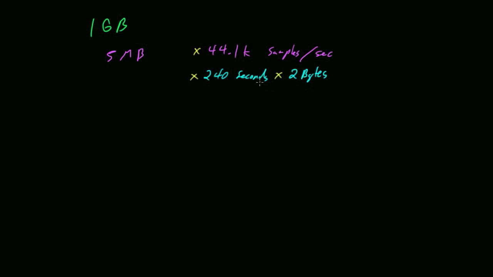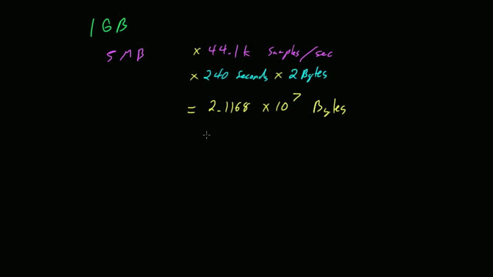Let's see if I can do it on the board faster than you can do it on your calculator. 44 times 2 is 88, times 2 is 176, times 240 is... Boom, am I kicking your butts? 22,000. Yeah, okay, I got 19.3, but I rounded a few places. Okay, about 20,000, you said?